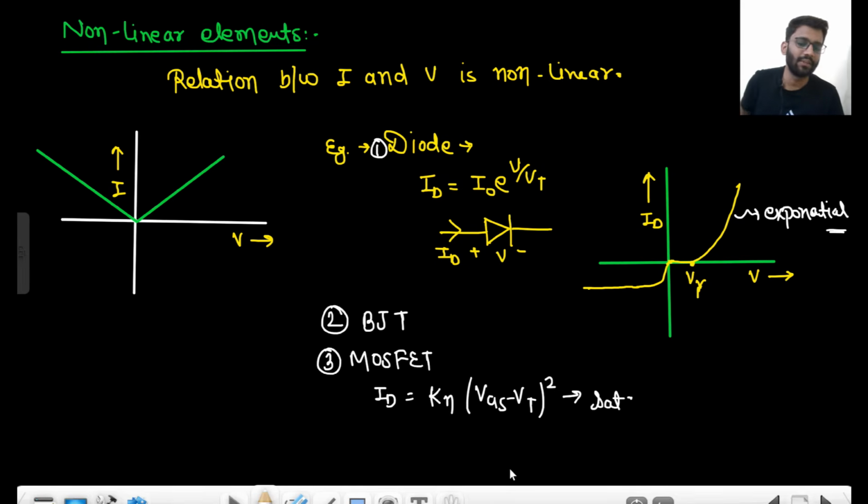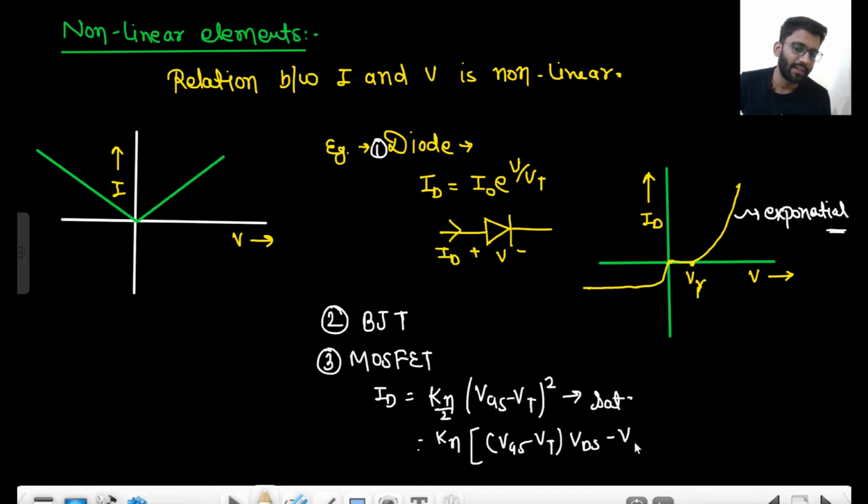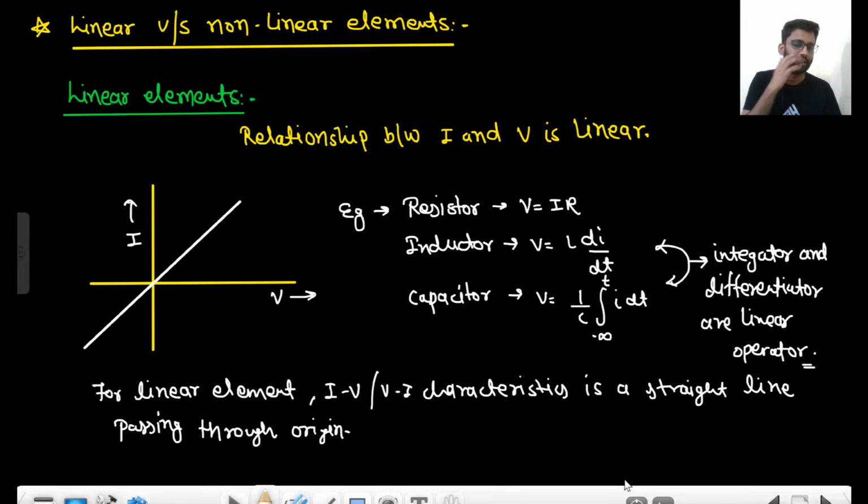But this is how the characteristics look for a MOSFET. You don't need to mug it up, I'm just giving you the examples. So basically the V versus I curve is not linear. These are examples of non-linear elements, and the earlier ones were examples of linear elements.